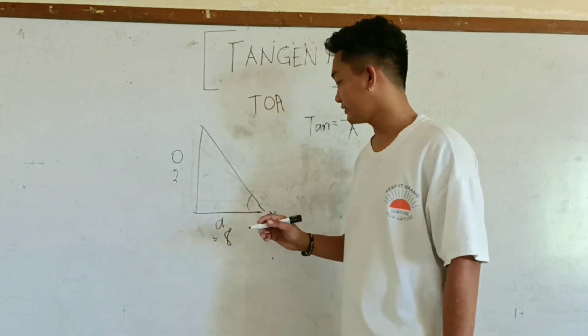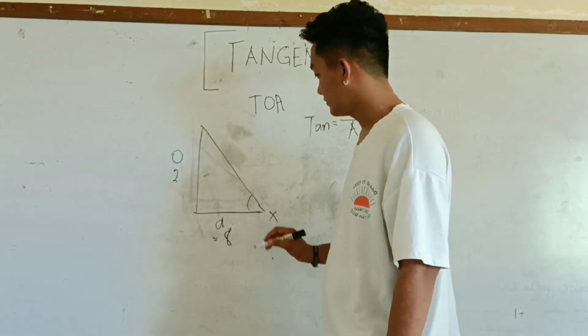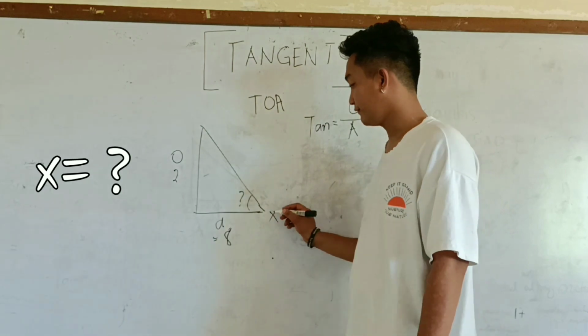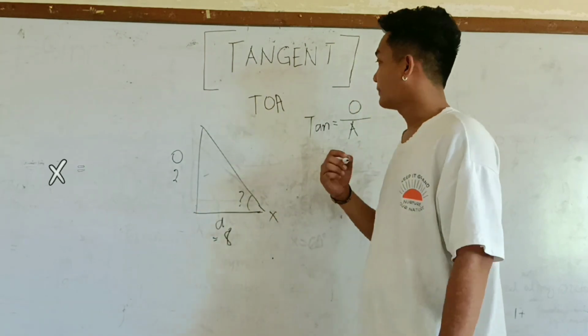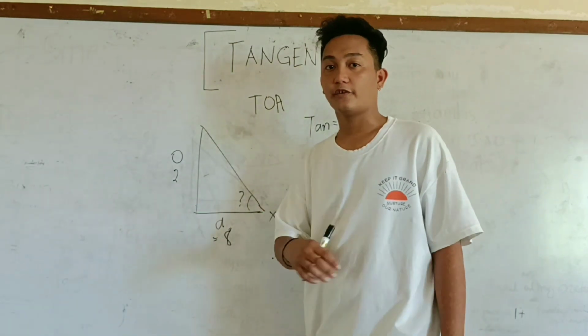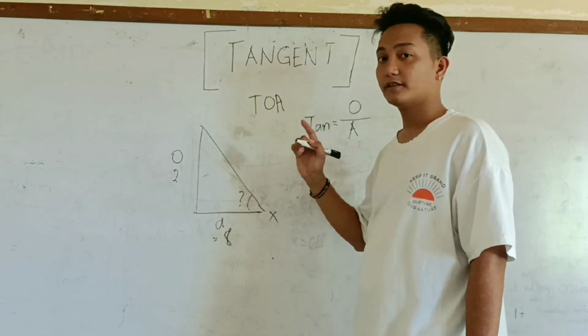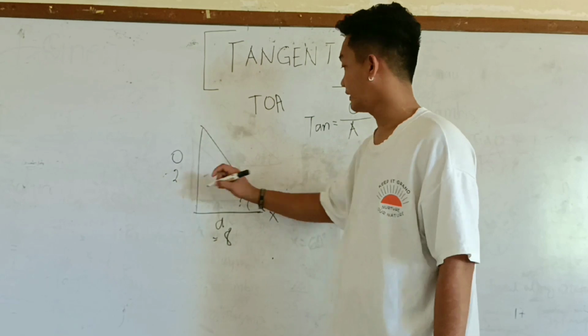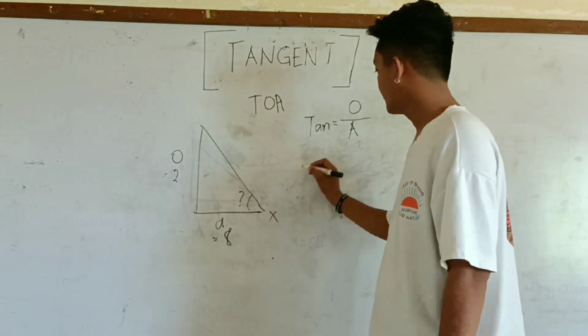What we are looking for now is the missing value of our angle x. Next step is to calculate our tangent. Just substitute the variable O with 2 and A with 8.